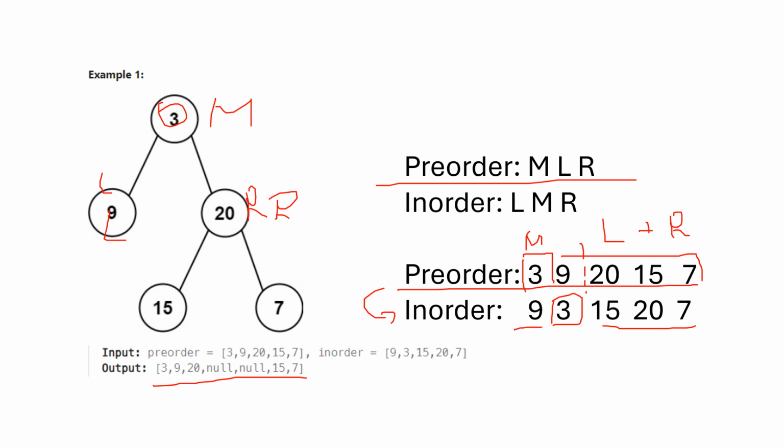Then we continue calling the same function for the left subarray and then for the right subarray, expecting that to be divided further until we have nothing, then we basically return a null, or it will keep dividing until it reaches the end. So this is the whole idea of how to implement this.